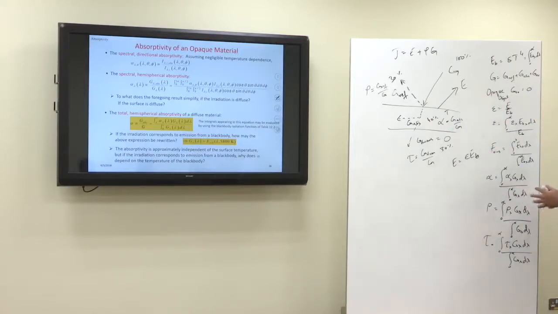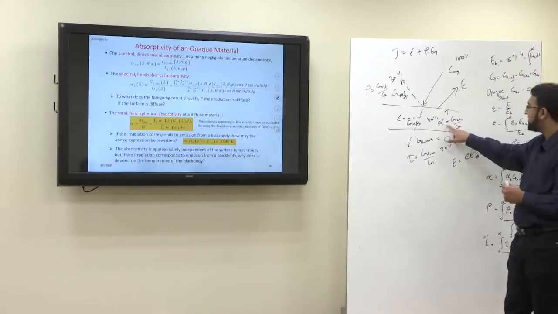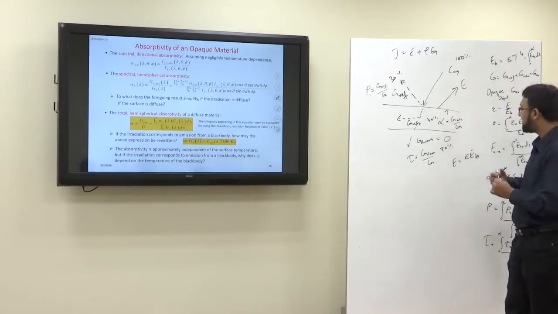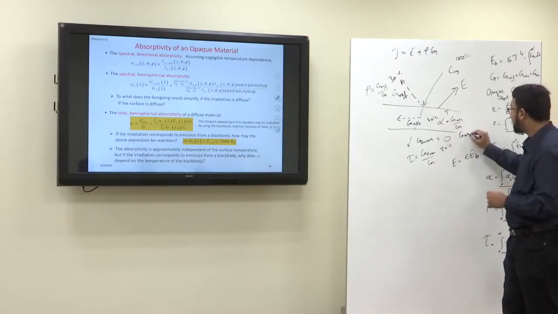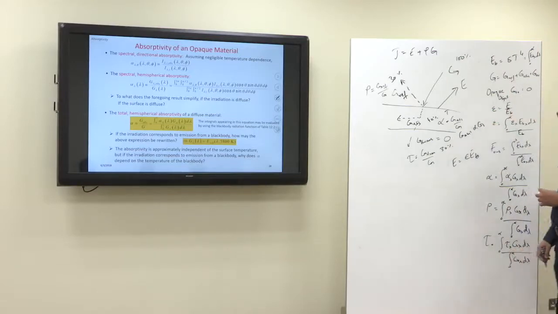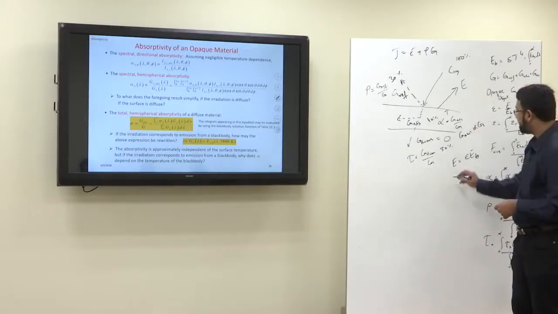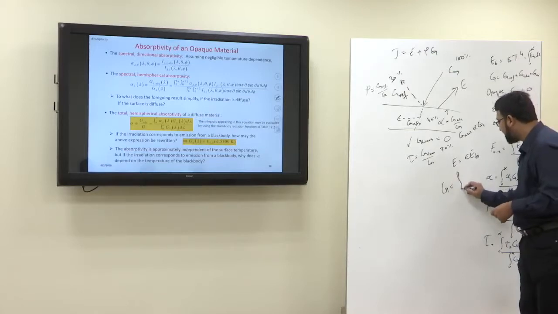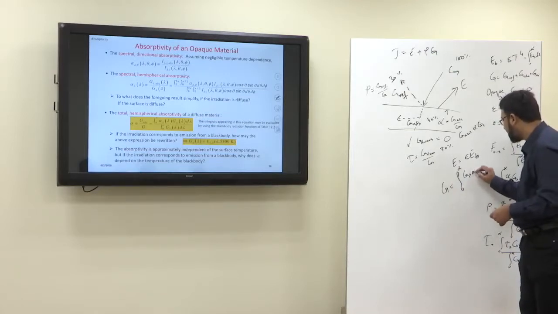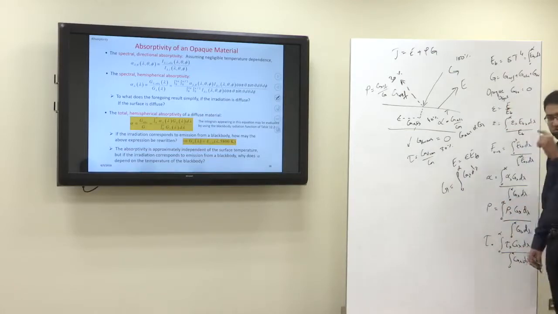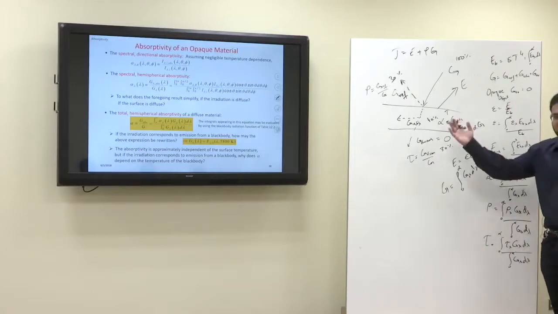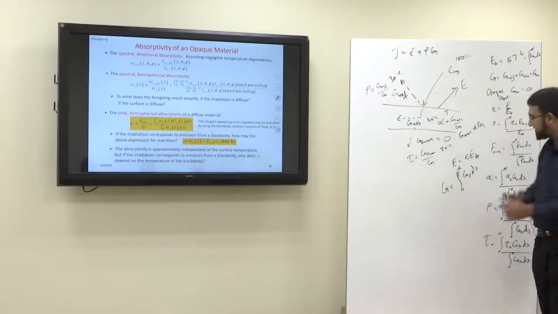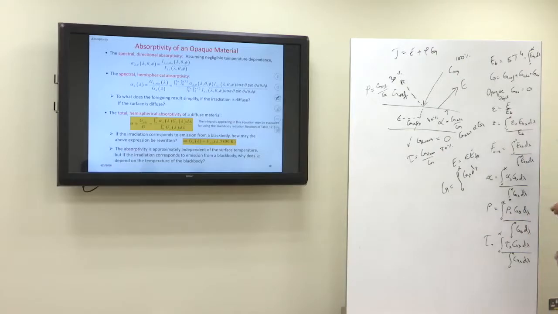Since alpha equals G absorbed over G, I can write G absorbed as alpha times G. Total G is the integral from 0 to infinity of G lambda d lambda, the integration over all the wavelengths. So that's the total G, right?